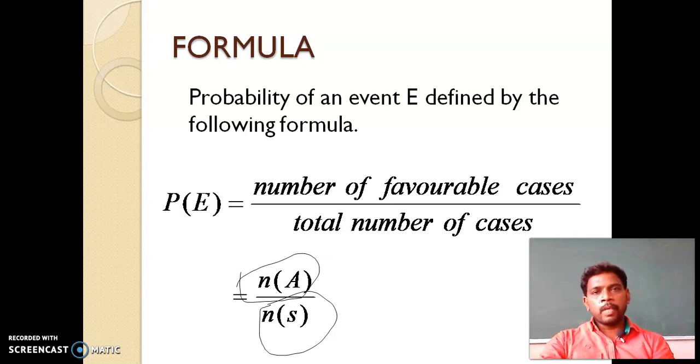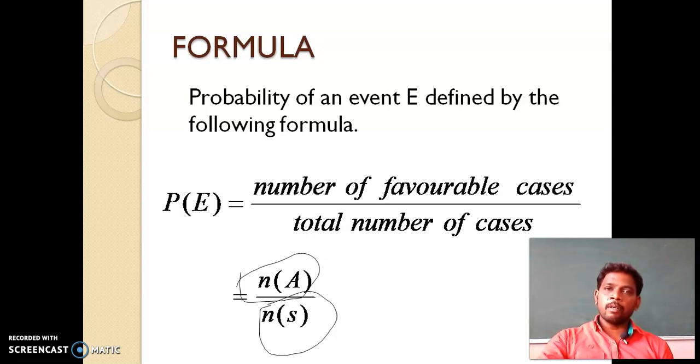And also we can define all the events in alphabets, that is A, B, C, like that, or E1, E2, E3, etc. Okay. So however, before going to solve the probability sums, you should write the necessary steps. That is, you should write the first one as the sample space, that is the possible cases of the sample space, and next one number of sample space, that is second step, and the third step you should define the event first.